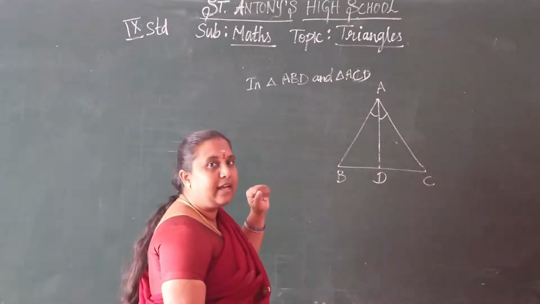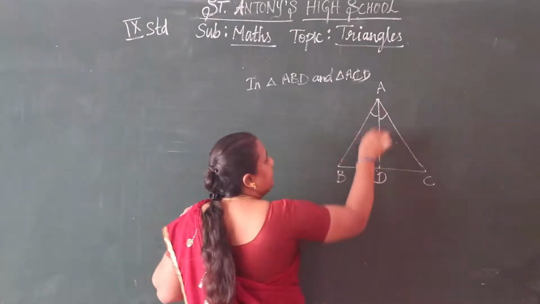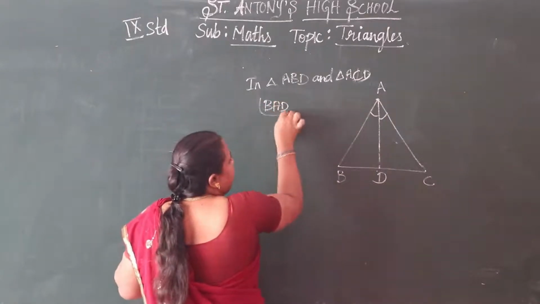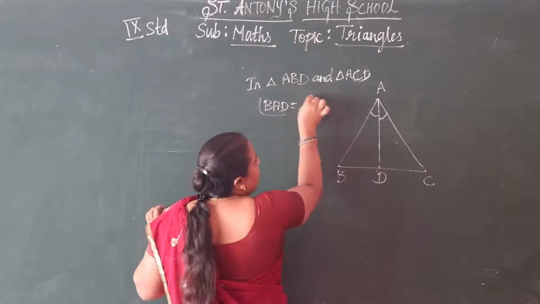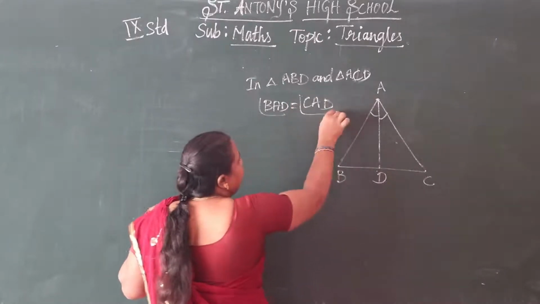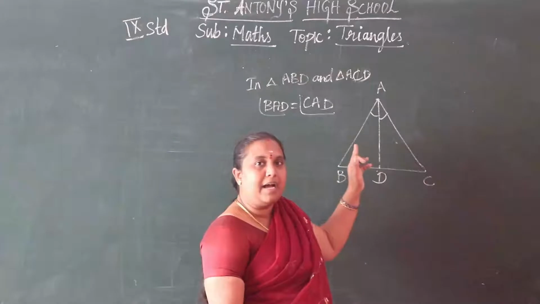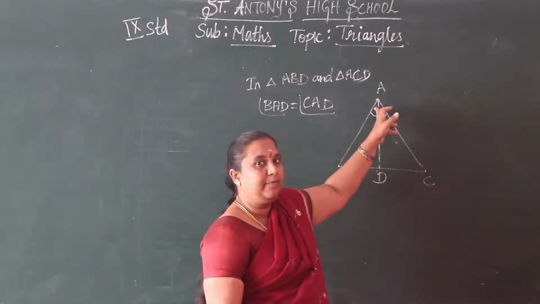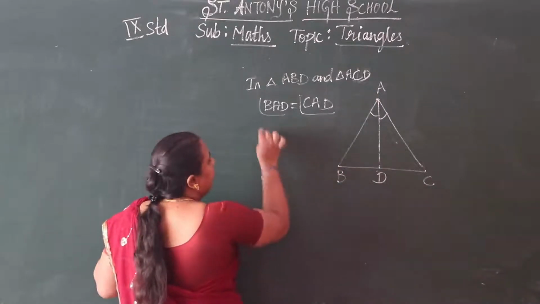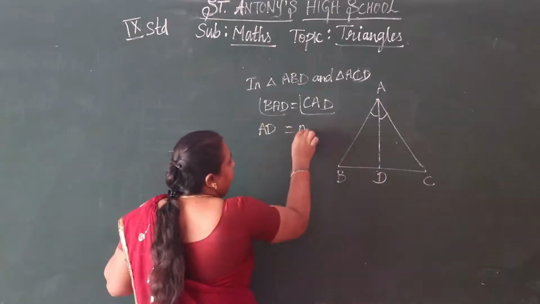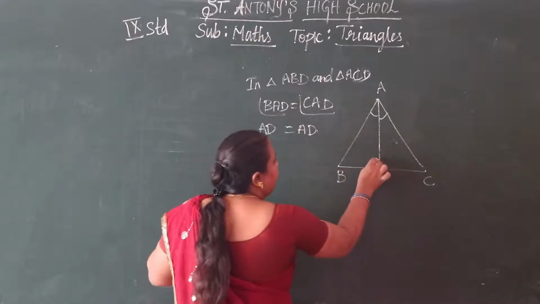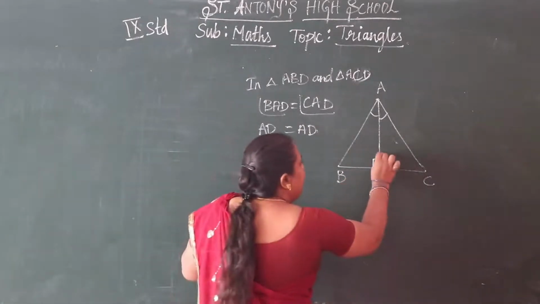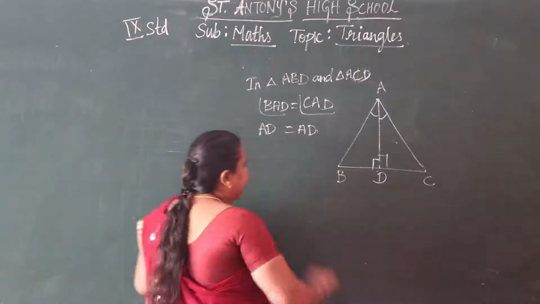Okay, in these two triangles, we know that AD is the angle bisector, so we can say angle BAD equals angle CAD, by AD being the angle bisector of angle A. Then we know AD equals AD. And AD is perpendicular to the third side BC, so perpendicular means each equals 90 degrees.